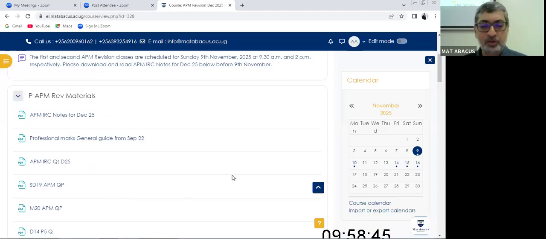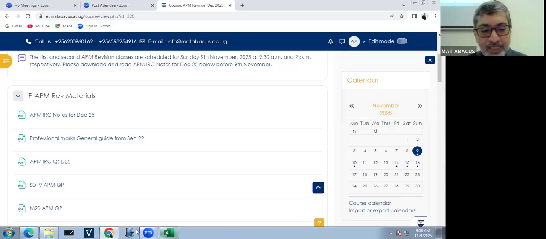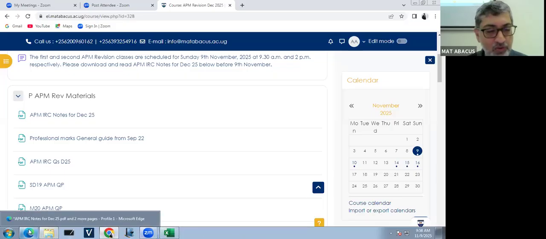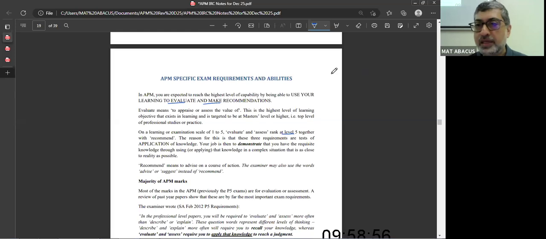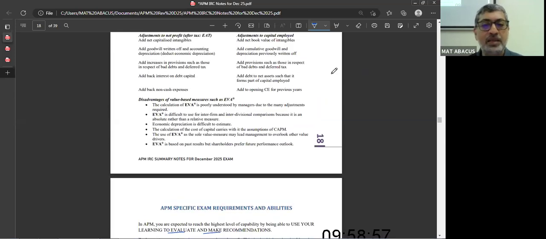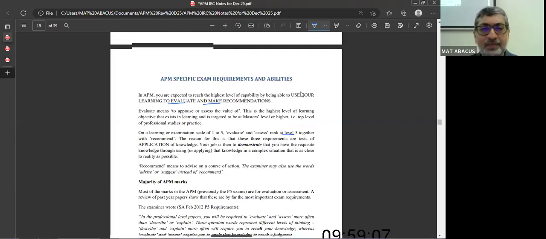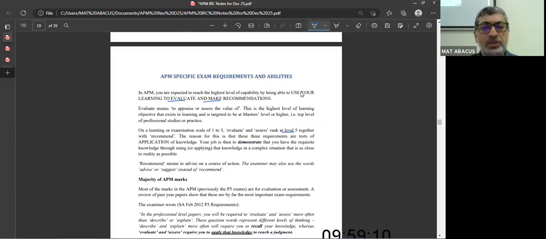So what I was saying is, if you open this APM IRC notes online, there are three parts in these notes. The first, until page 18, is a very short summary of what we have covered during class, but not all. Then on page 19 is the discussion on what is required for this exam.